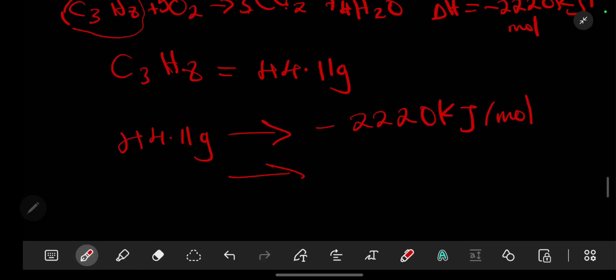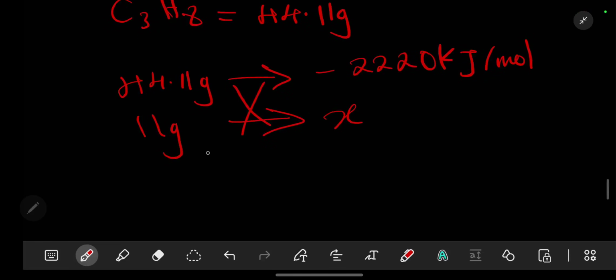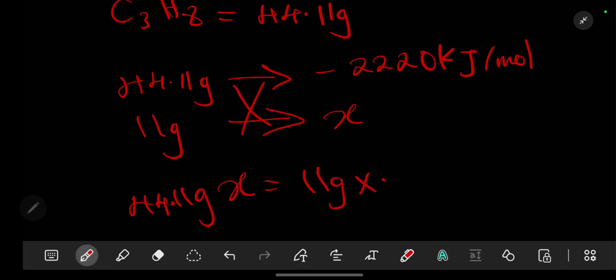Then what if you have 11 grams? This will be equal to x, which you don't know. So 44.11 grams times x should be equal to 11 grams times negative 2220 kilojoules per mole.